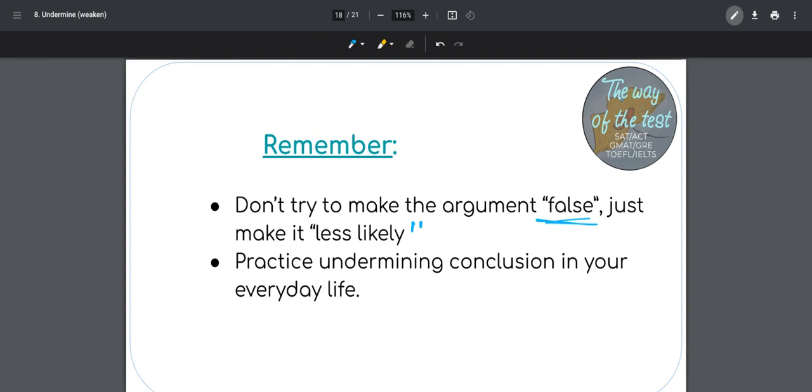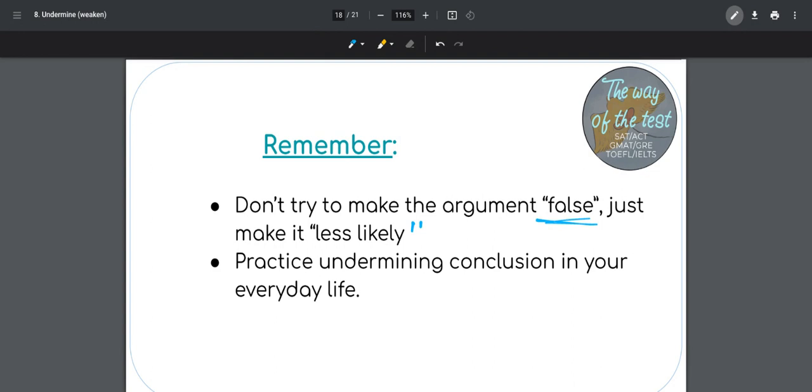We don't try to necessarily say damage definitely doesn't cause an increase of health. We're saying maybe you're wrong, or maybe this is wrong because it doesn't happen in this case. We're not trying to make it false. Maybe you think, but this doesn't necessarily make it false. This is just another place, not the same place as Vancouver. How do I know that maybe this just happens in Vancouver? Whatever it is, we're not trying to make it false. We're just making it less likely.